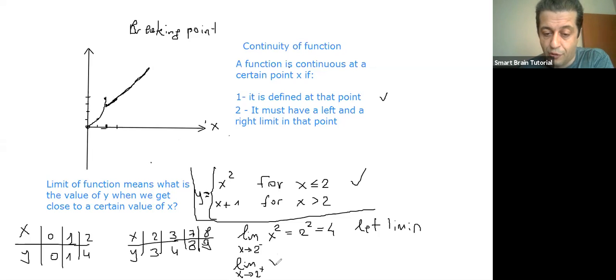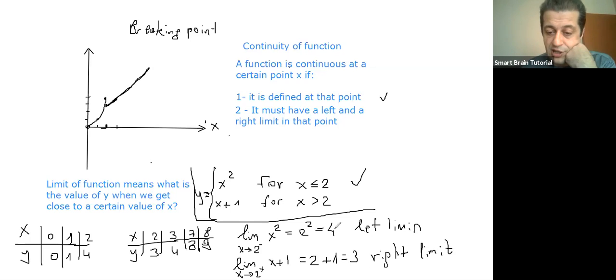We have another formula. We have x plus 1. So if we replace x with 2, we have 2 plus 1, it is 3. This is the right limit. However, these two values, the left and the right limit, are not equal.